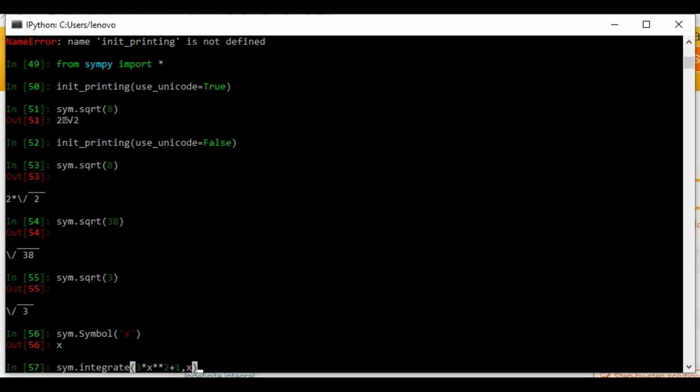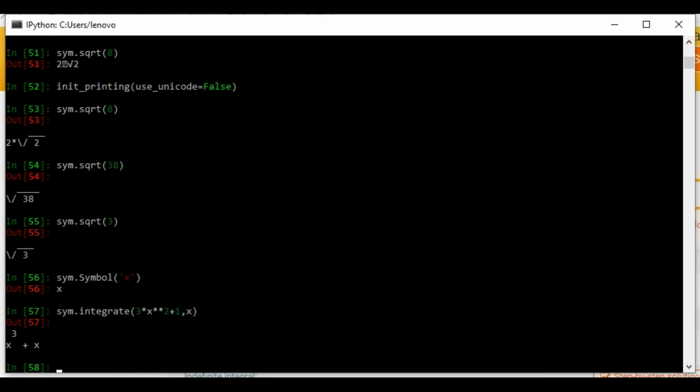We have got x cube plus x. You know the integral of 3x square plus 1 is x cube plus x.